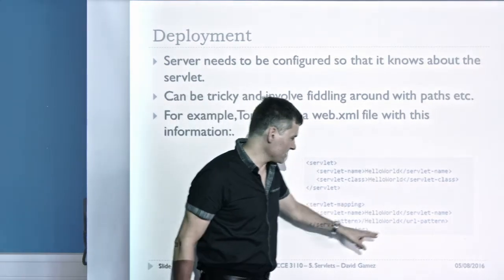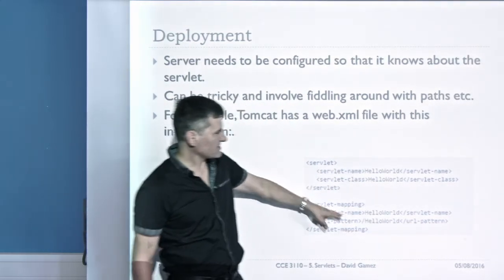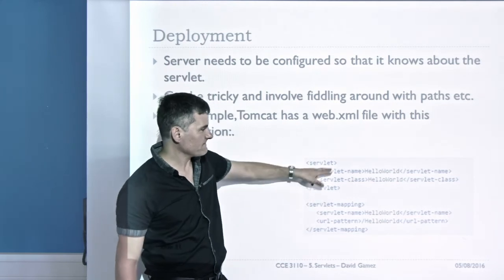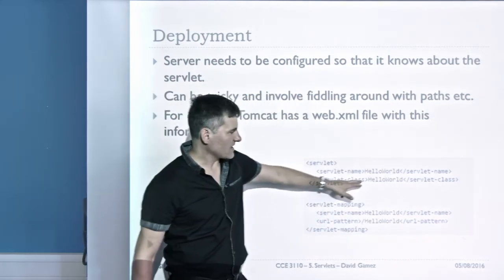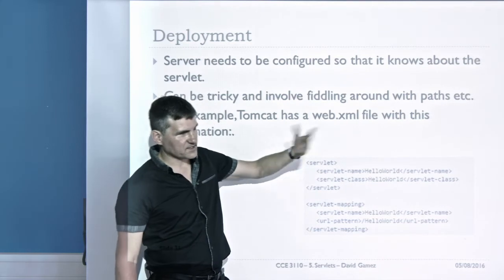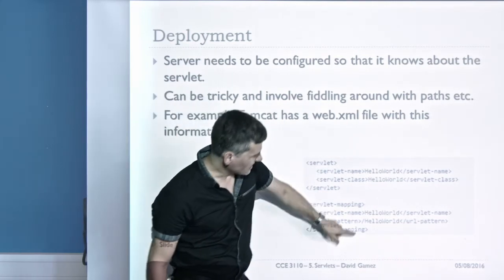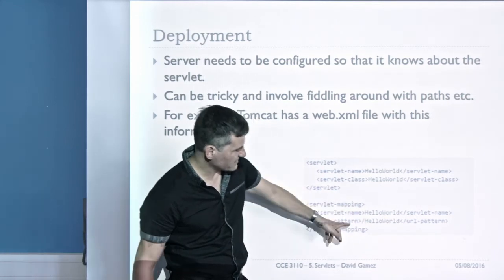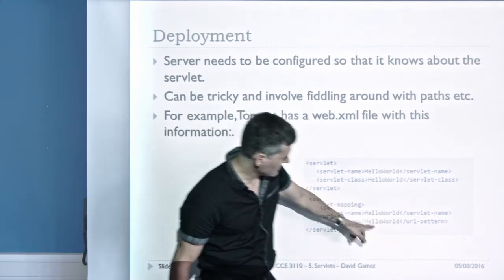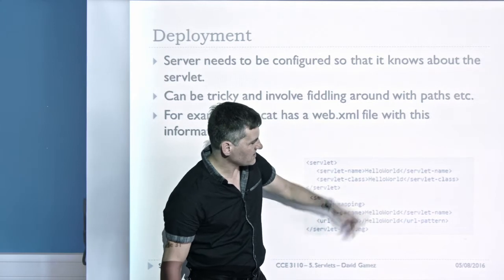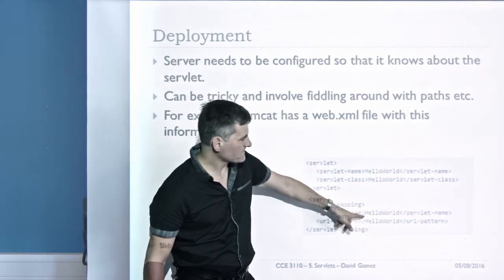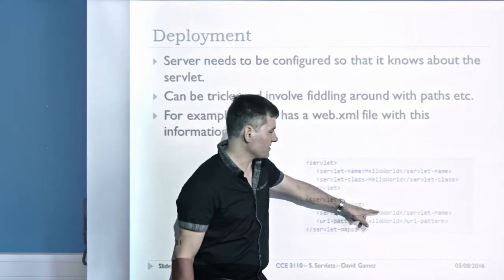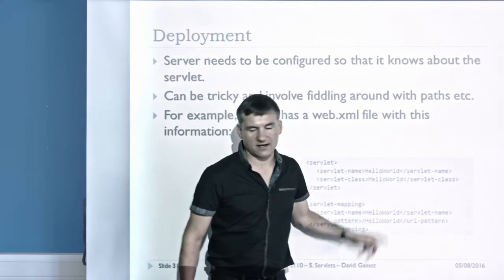And here's a mapping between the, I see, so the name here links up with the name here. So you've got the name of the servlet and the class that it's going to use to execute in response to requests. And here you can map between this servlet and this URL pattern. So whenever the user sends a GET request to /hello world, it will execute doGet on the servlet in that class.